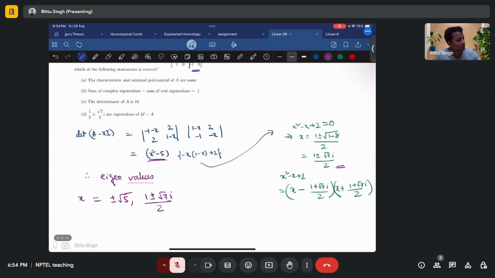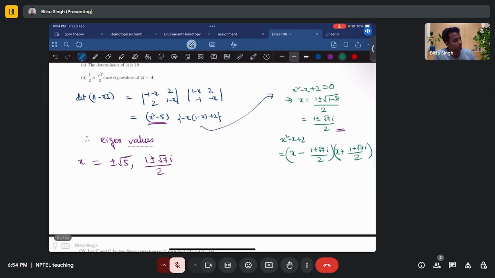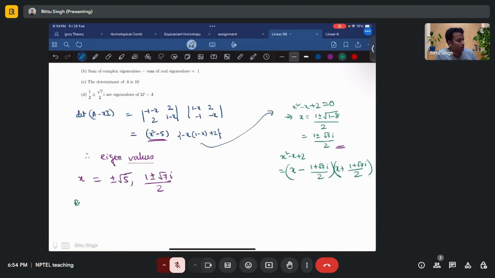For example, let us write the result explicitly. So if chi of x looks like, instead of a product, let us write, x minus lambda 1 to the power n1, x minus lambda 2 to the power n2, up to x minus lambda k to the power nk.